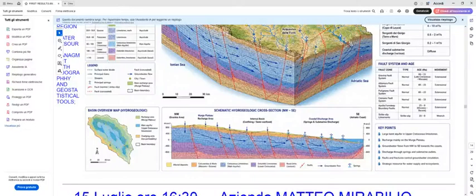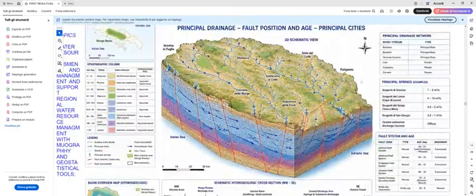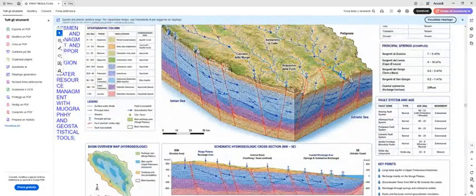The geological and topographic conditions cause this phenomenon. Much of the natural water is naturally discharged into the sea. So we have some principal drainage networks. We studied the principal lines of the drainage network.